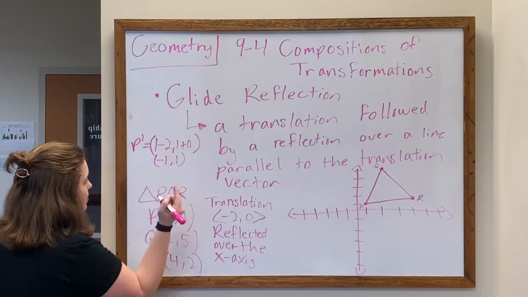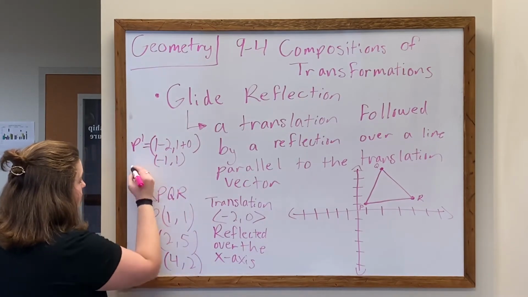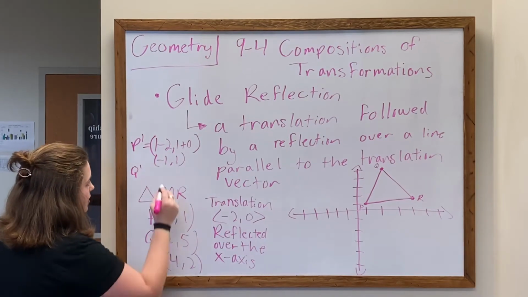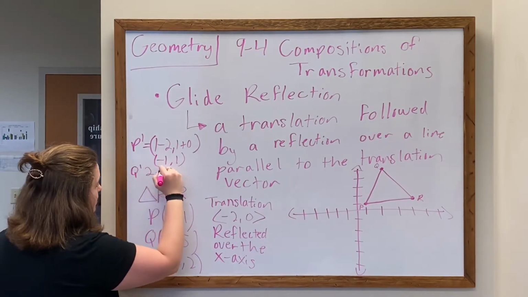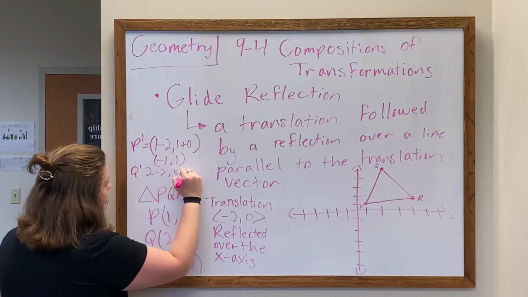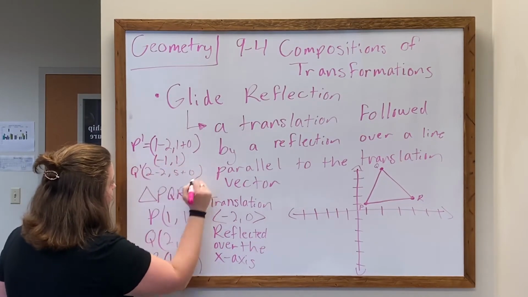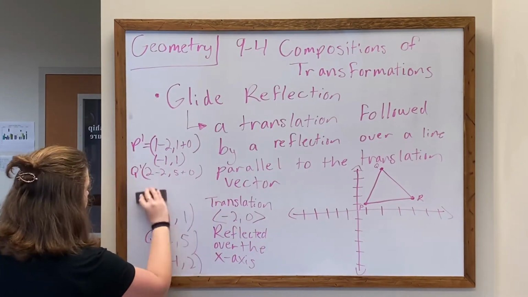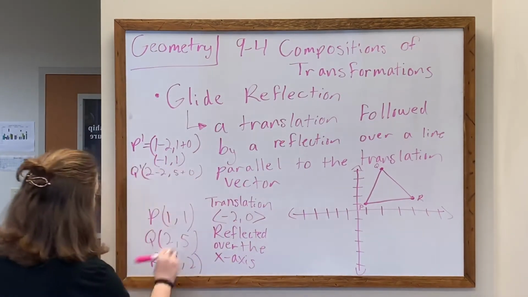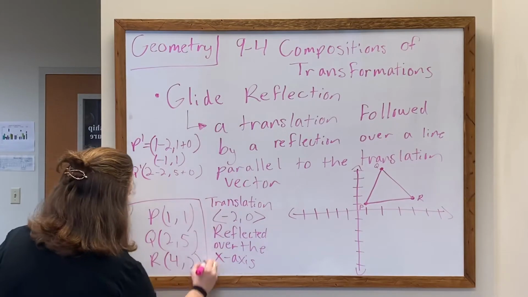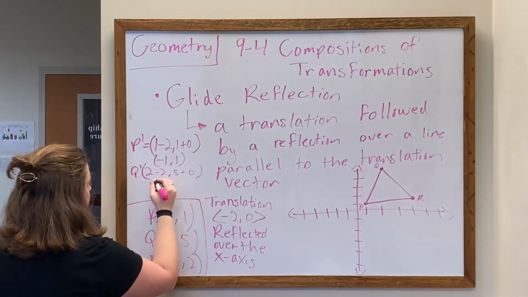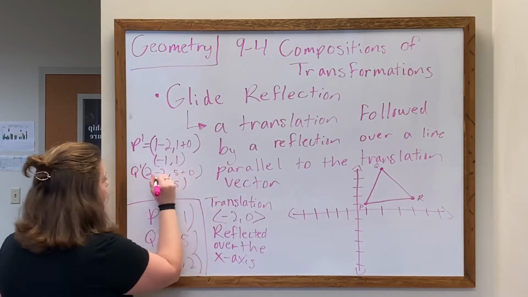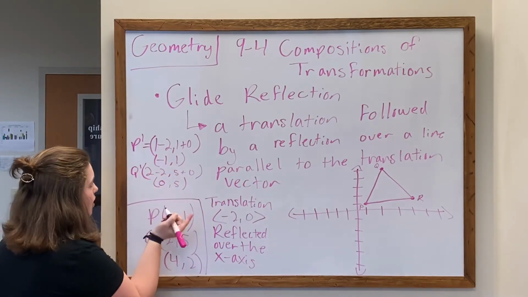Our Q prime is going to be 2 minus 2, 5 plus 0. That's 0 and 5, so our Q prime will be 0, 5.